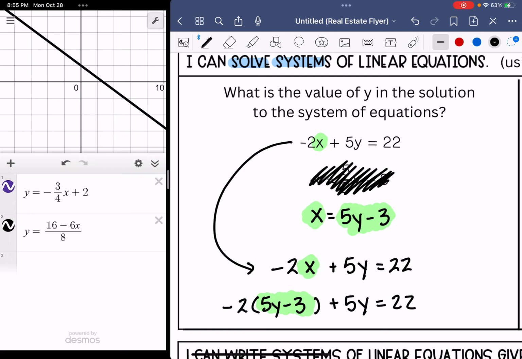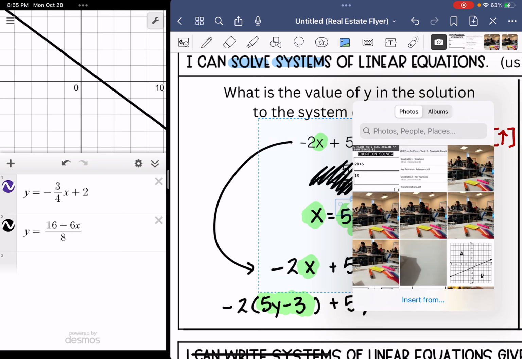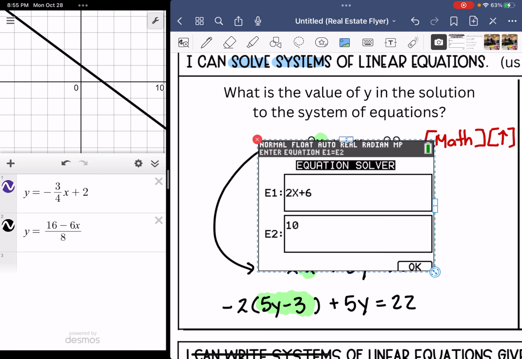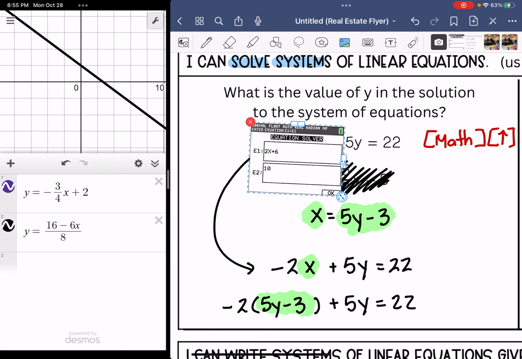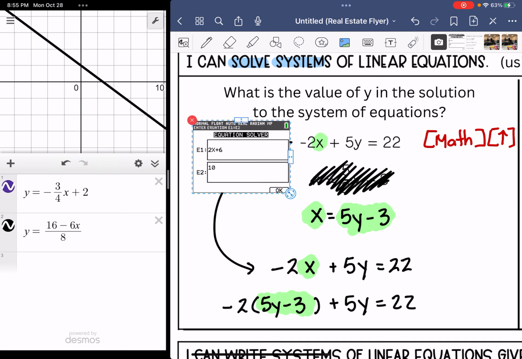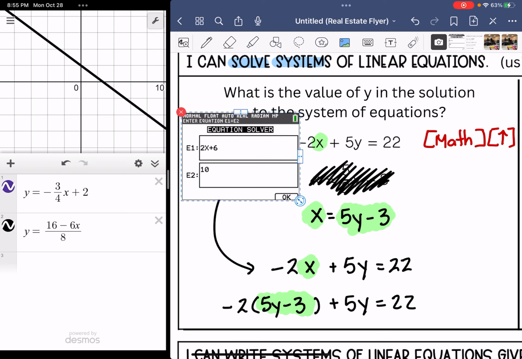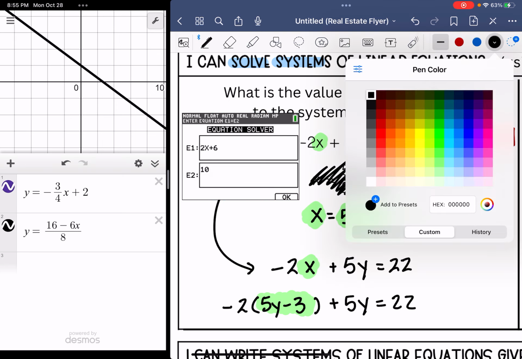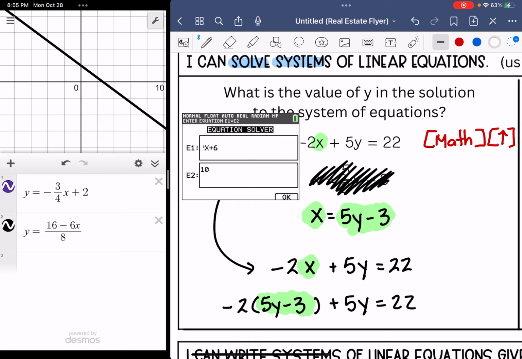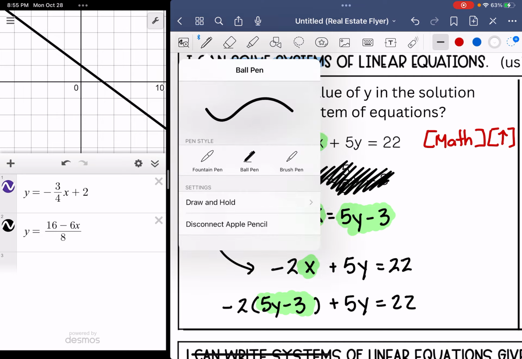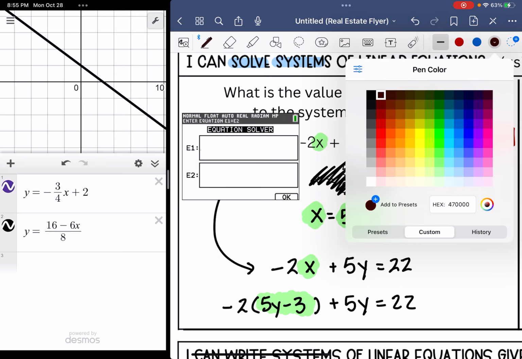And at this point, what you would use is your equation solver, which you get in the calculator using math and then arrowing up. And if you don't know what I'm talking about, I am talking about this right here, the equation solver in your calculator. This is what you would use. Now, obviously, we can't use it right here, but what you would do is you would go ahead and just type in your equation using x's instead of y's.